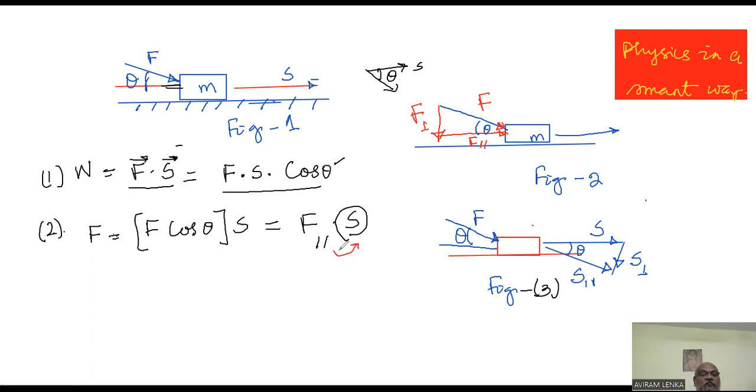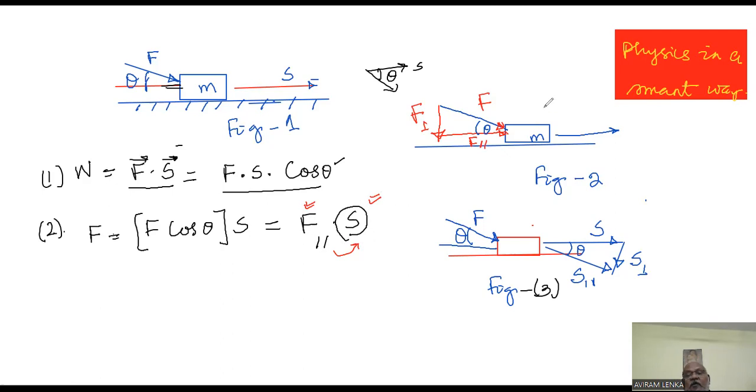So here in number 2, I am repeating again, that is the displacement into the part of the force which is parallel to displacement, or the component of the force which is parallel with the displacement. That I have written as F parallel.